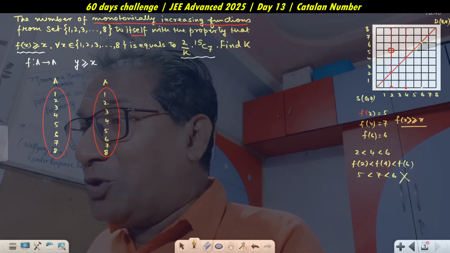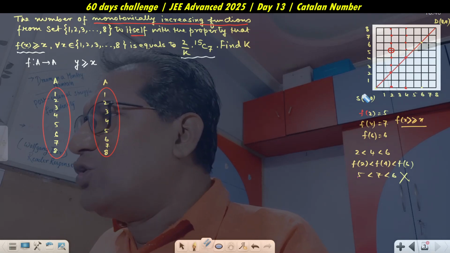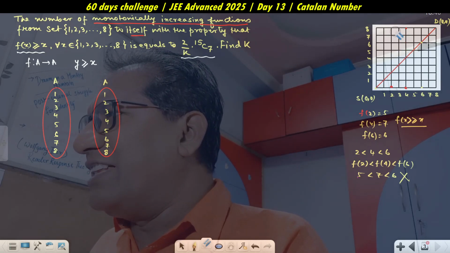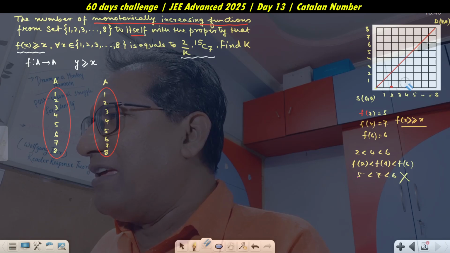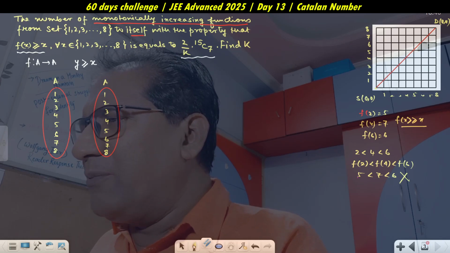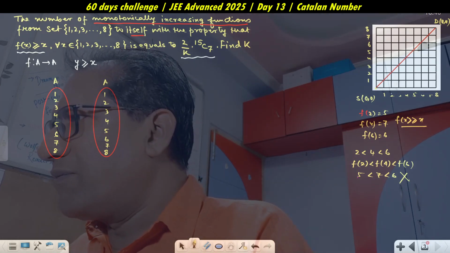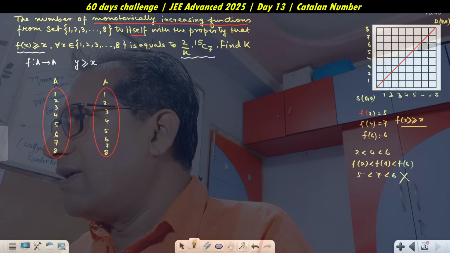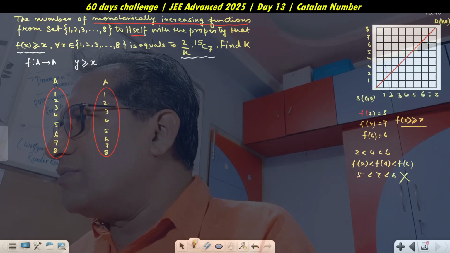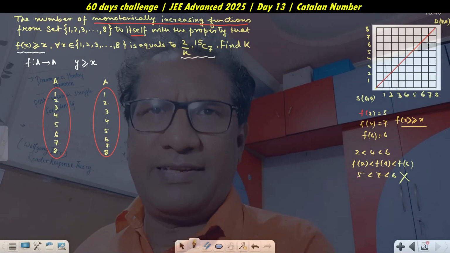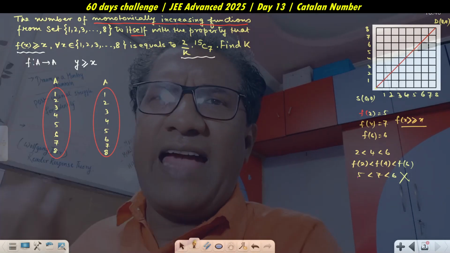So now what to do? Okay, let me do one thing. Very interesting thing. Please look very carefully. Let me choose a path above the diagonal.